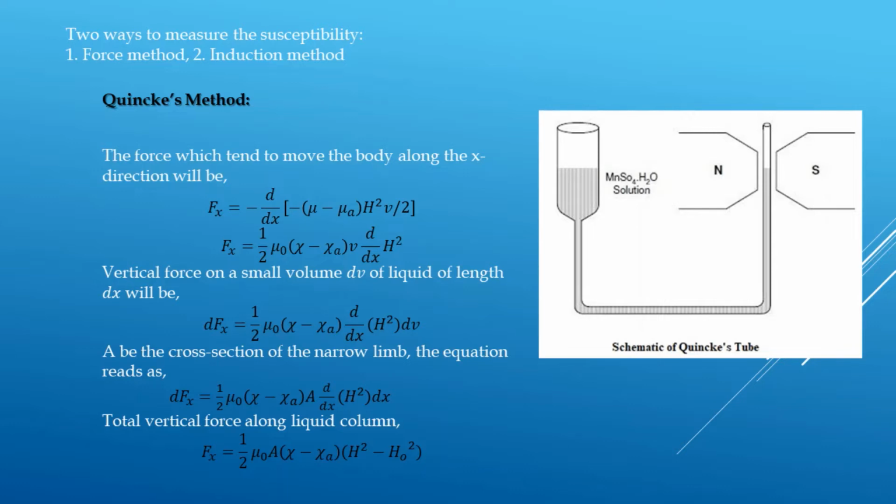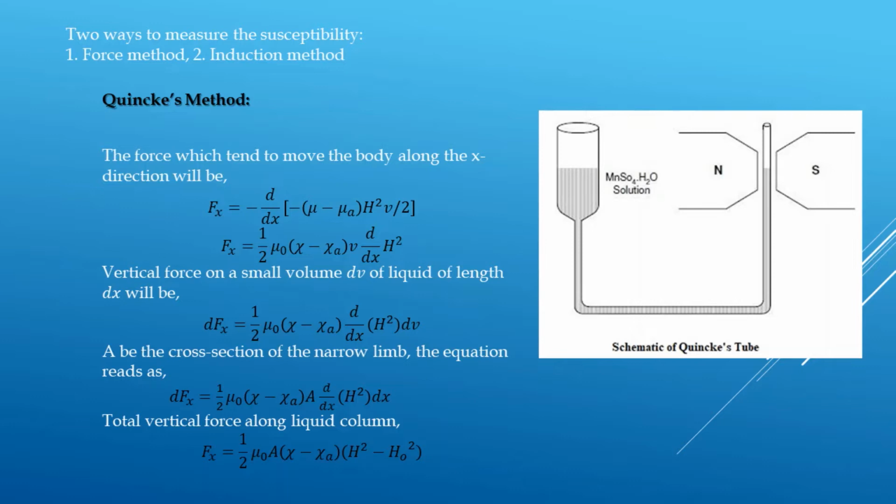Here the volume of the material under the magnetic field is taken as V. So the potential energy would be mu H square V by 2. As the energy, we know that it is half into the integral of H dot B into dV. So from here the potential energy can be found.